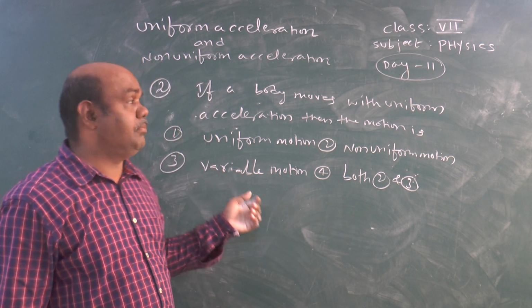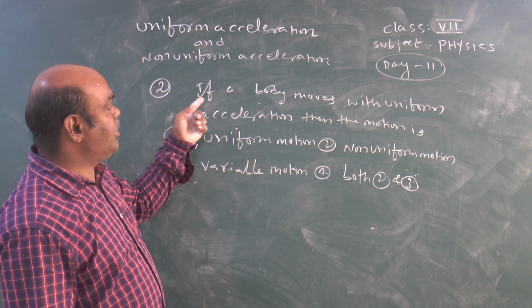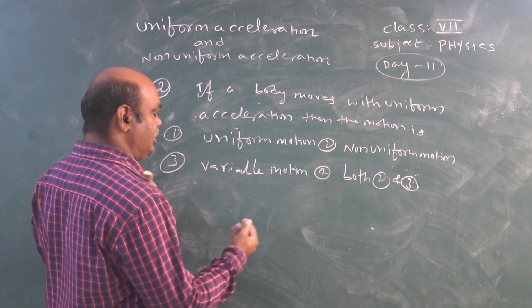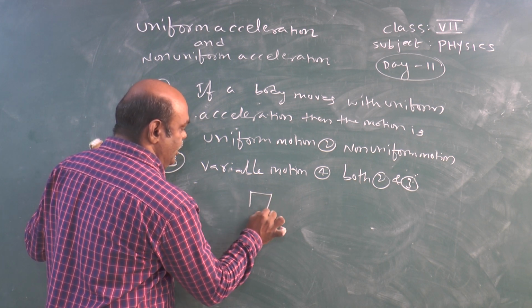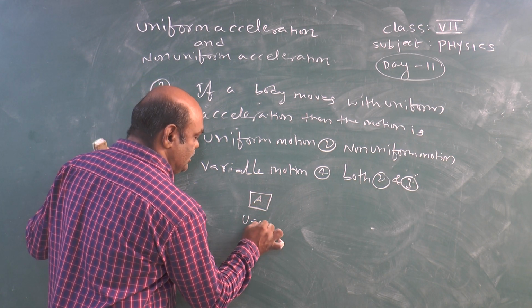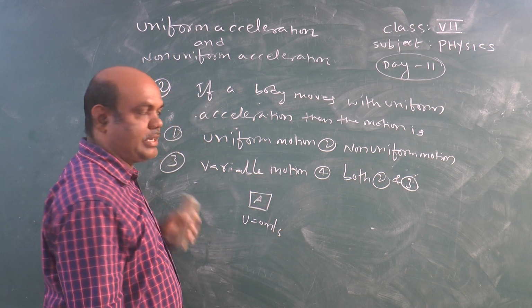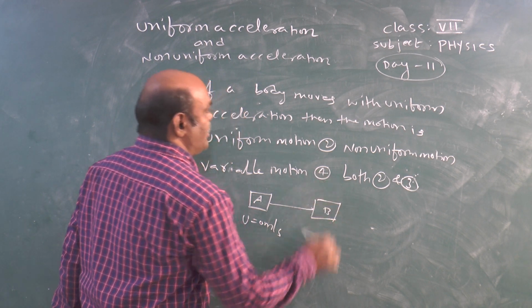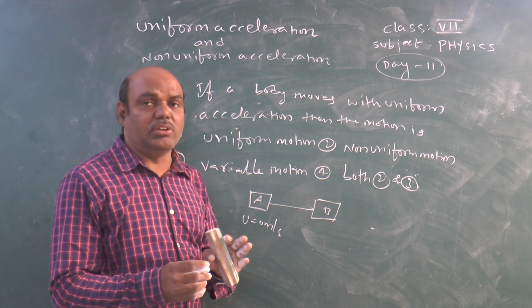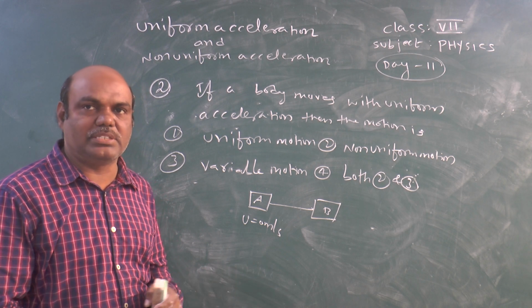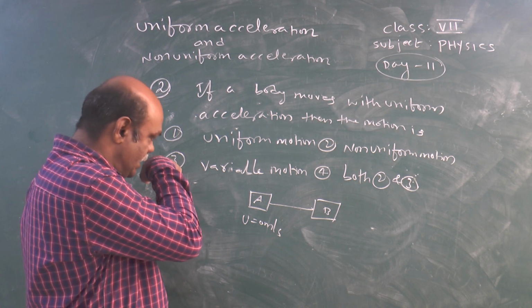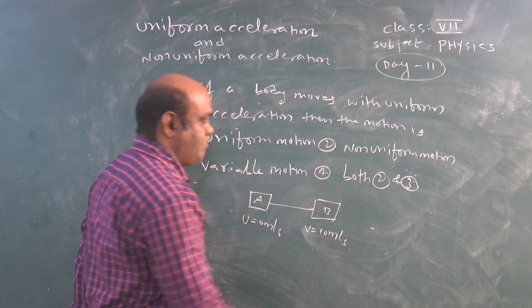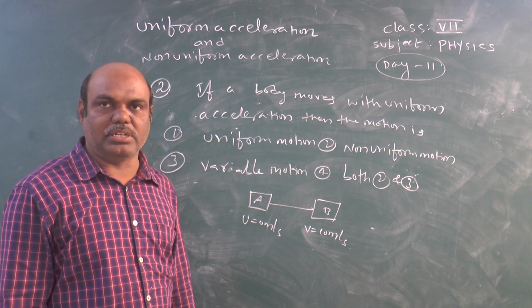So in this problem, what is the condition? If a body moves with uniform acceleration, for example, the body started at A, its initial velocity is 0 meter per second. If the acceleration is 10 meter per second square, then after 1 second the velocity is 10 meter per second.